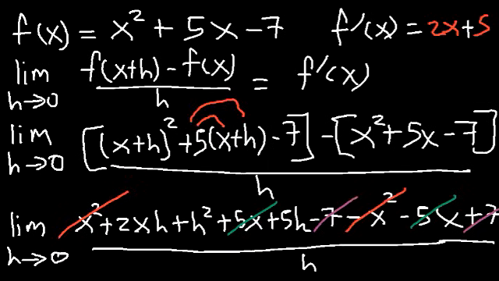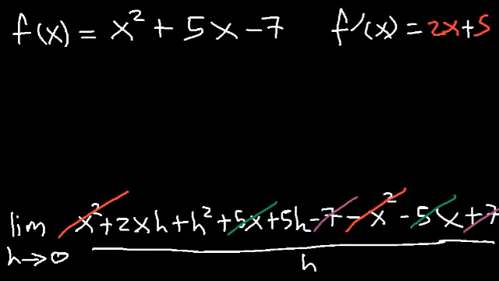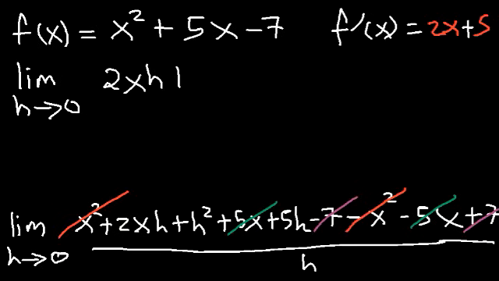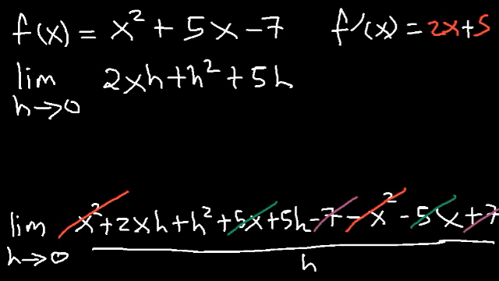So now what we have left over is the limit as h approaches 0, 2xh plus h squared plus 5h, which is basically those three things, divided by h.